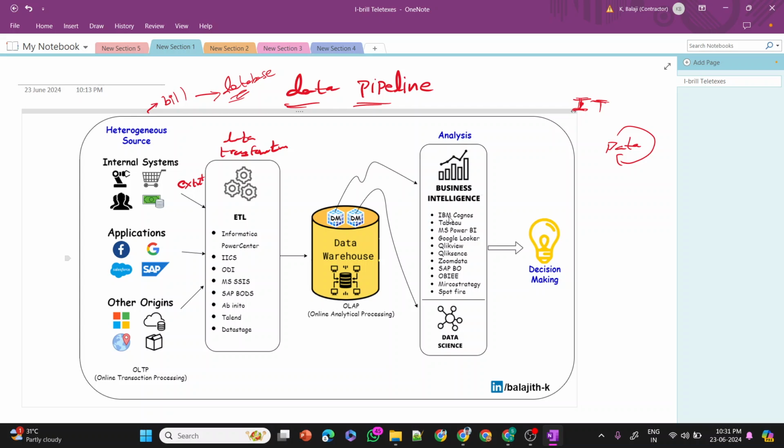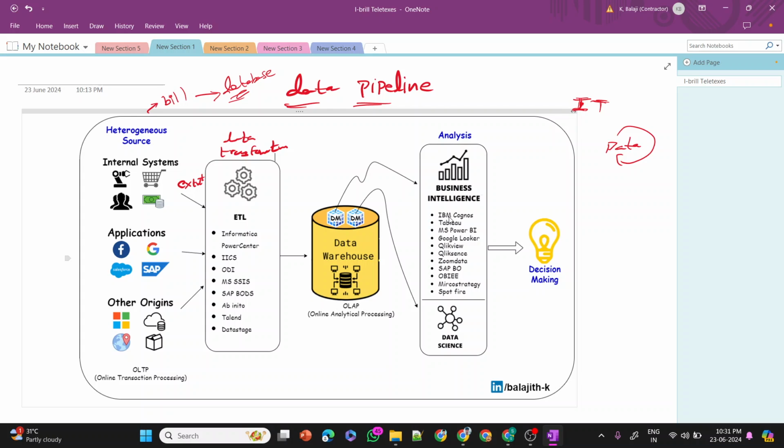We cannot understand the data just by seeing it in rows and columns, so we transform the data into charts.